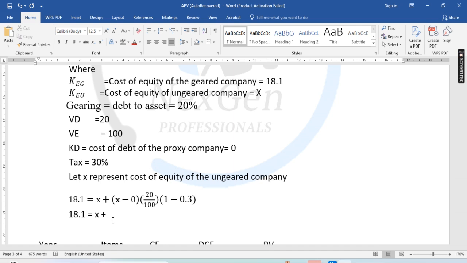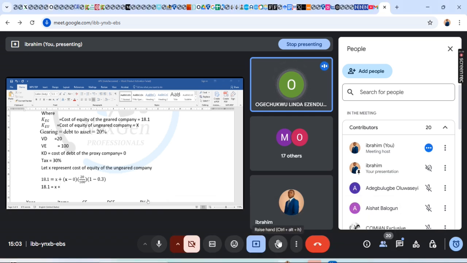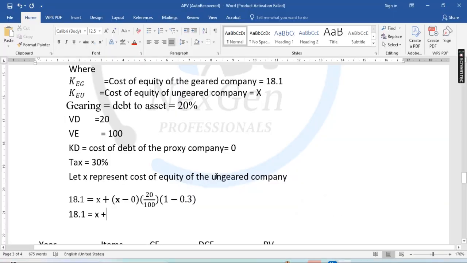Okay. So after that, what do we have again? How do we open the brackets? It should be the value of equity over value of debt times X. Now, let's quickly go back.